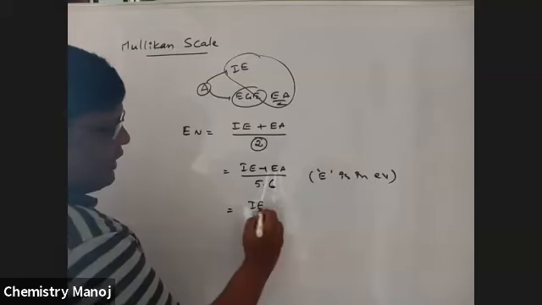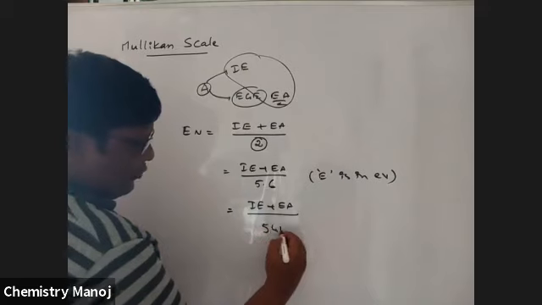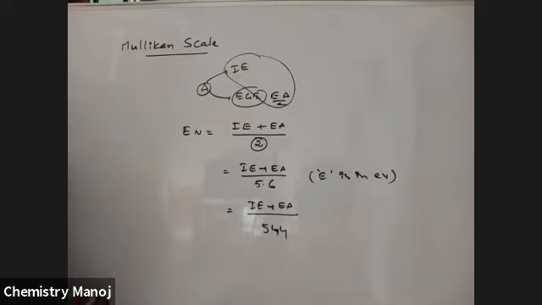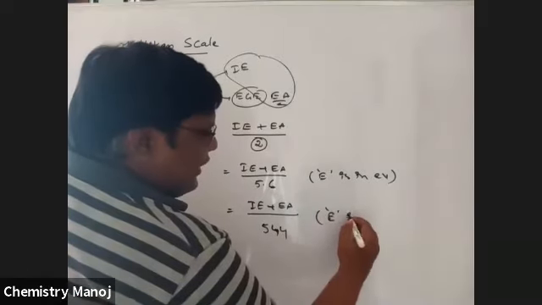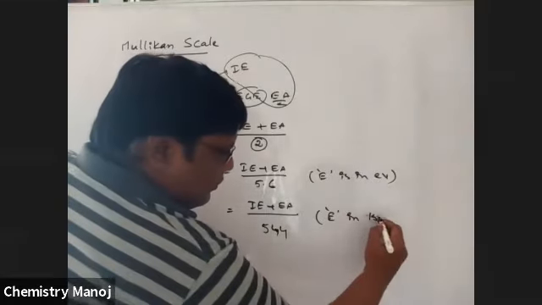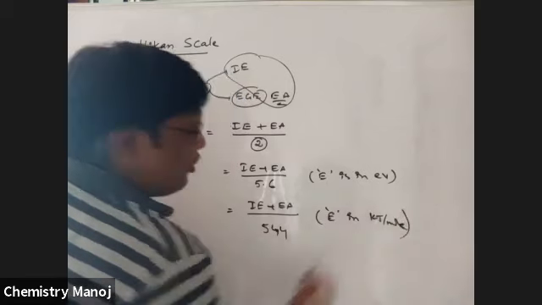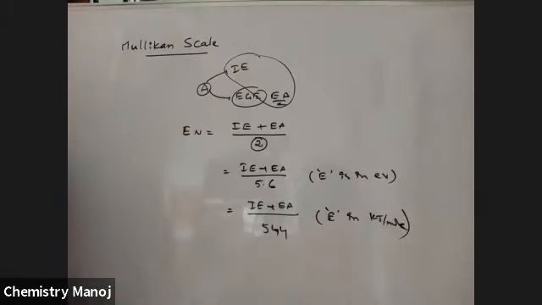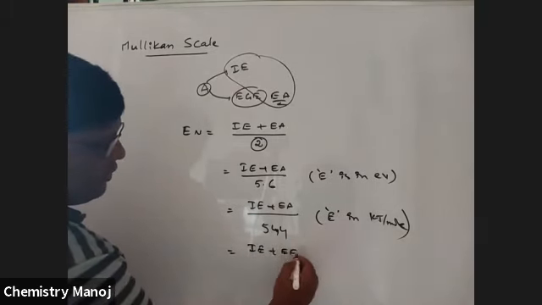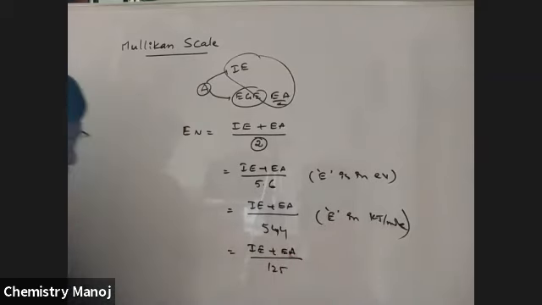Ionization energy plus electron affinity, divided by 544 if energy is in kilojoule per mole. Please keep these division factors in mind.